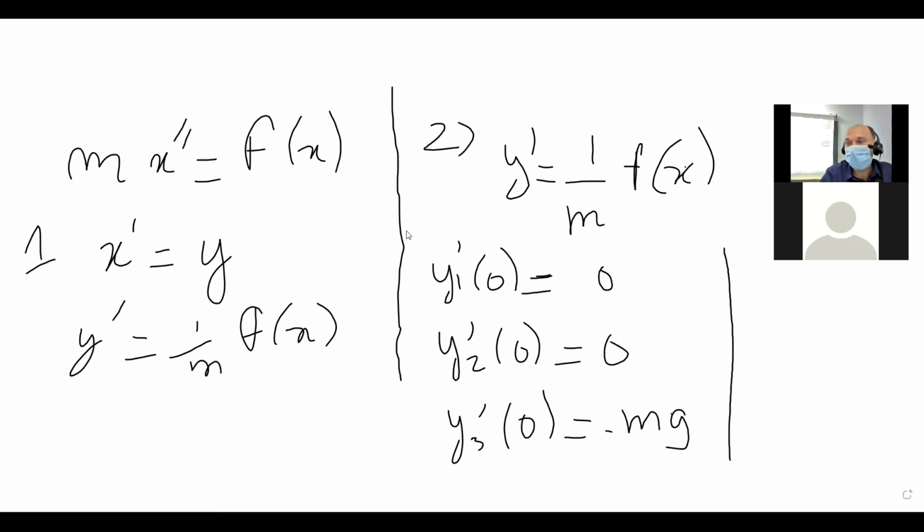Now I'm going to use the fact that the initial conditions are given. So if y1 prime is 0, this means that y1 of t is a constant, and I know that y1 of 0 is also 0.